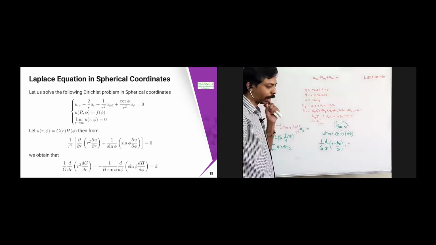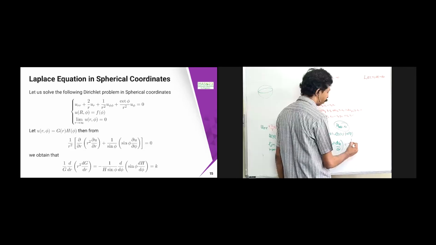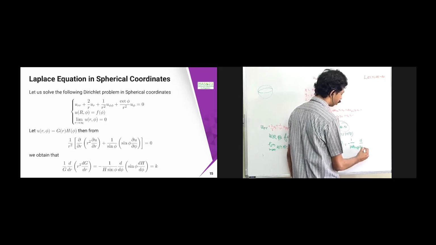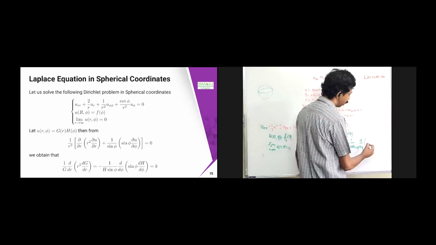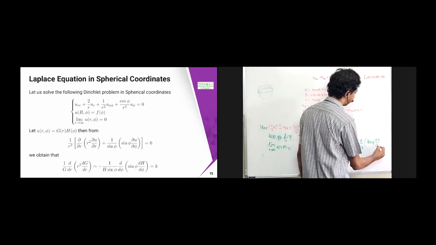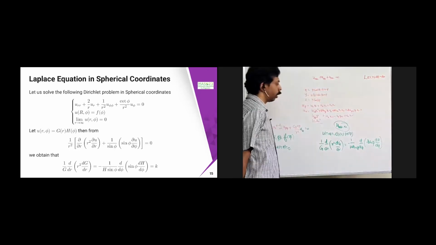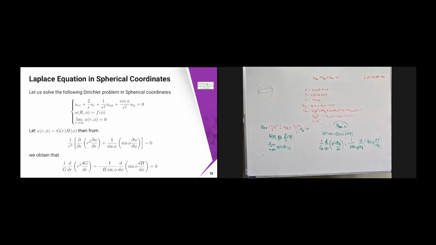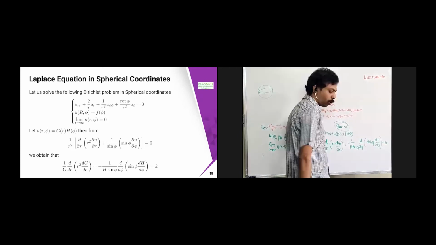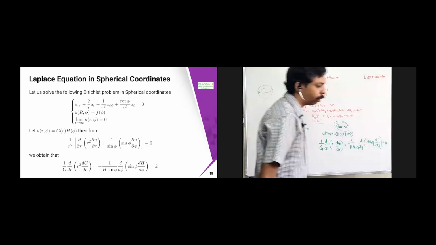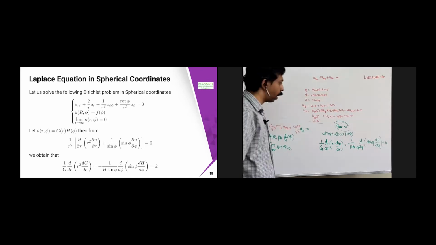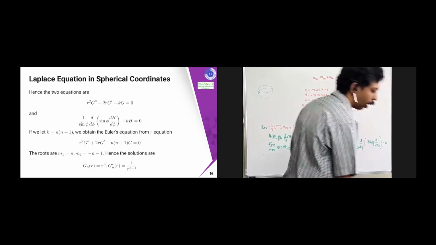So on the right hand side you are going to get minus 1 by h sine pi, d by d pi of sine pi into dh by d pi, equal to again some constant, let's say k. Again, all the cases, positive, negative, equal to 0, you have to discuss. After discussion you are going to get the solution.